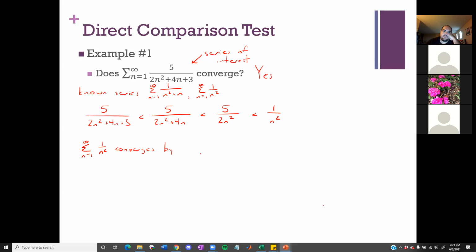One. I think there's another way of looking at it, but I don't know if it's valid. You have a geometric series, which converges when r is less than 1. So 1 over n squared is like 1 over n, the whole square. So that is not geometric.